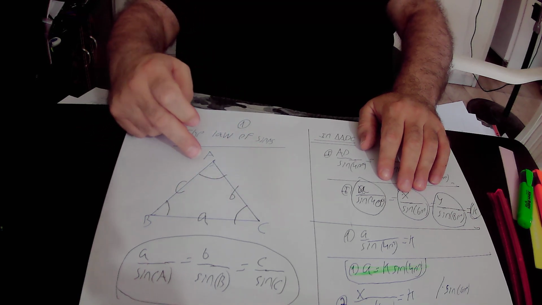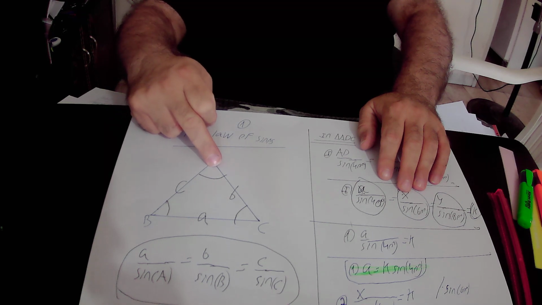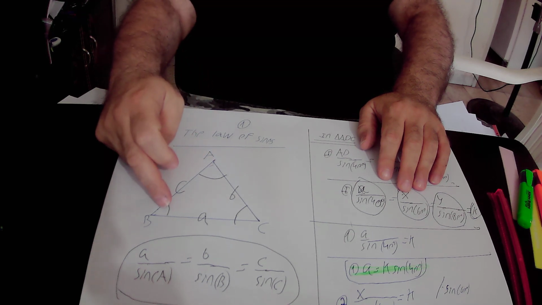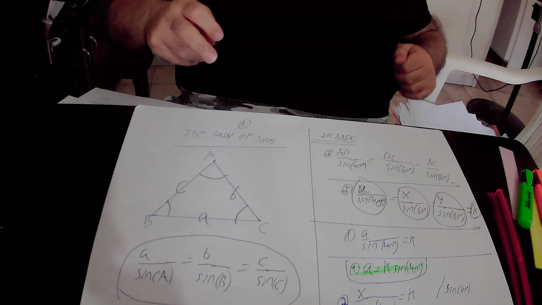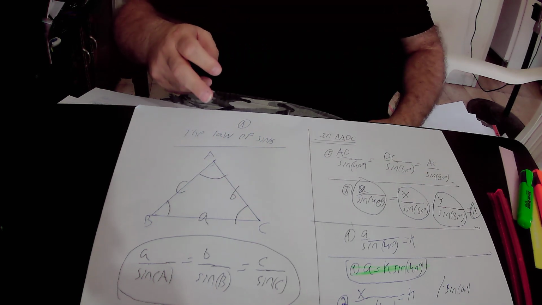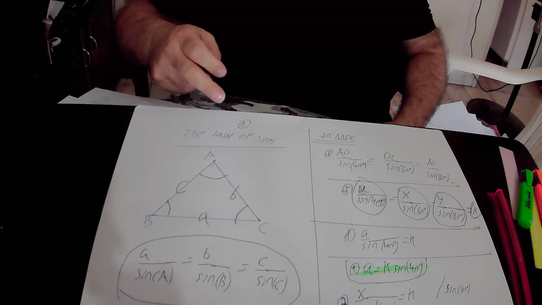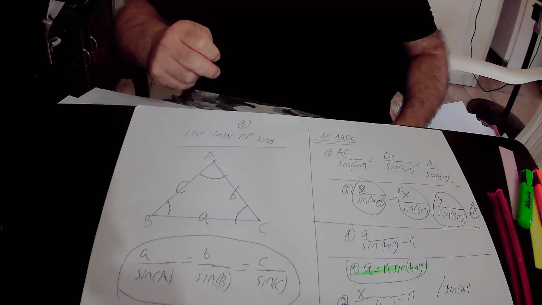Here capital A is the size of this angle, capital B is the size of this angle, and capital C is the size of this angle. And the small a, b, and c are the lengths of each side of the triangle.